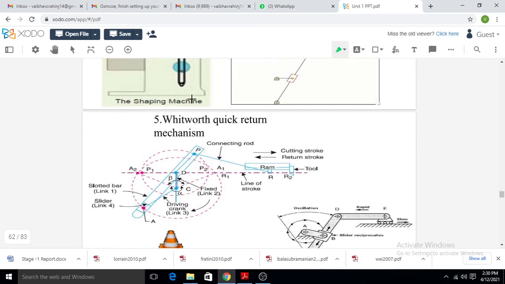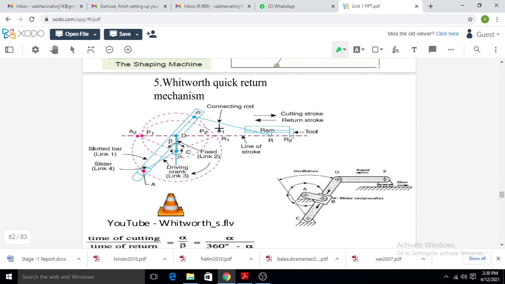This mechanism is called the Whitworth quick return mechanism. The Whitworth quick return mechanism is used in a shaper machine. In this mechanism, driver crank 3 rotates in a clockwise direction with a uniform angular speed, and the slider C, which is attached to the end of the driver link, also reciprocates. Here the slider will slide and it will obtain the reciprocatory motion.